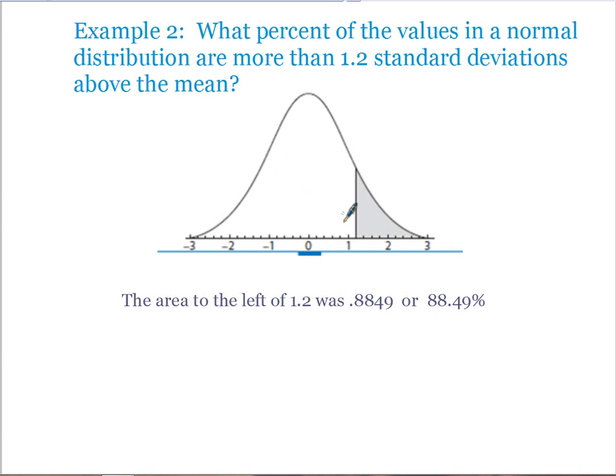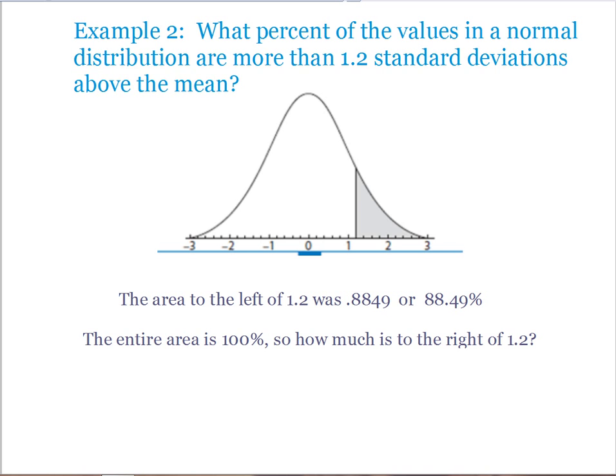So remember, the area to the left was 0.8849, or 88.49%. That's not the portion that it asked us to find, right? It asked us to find everything to the right, including any outliers. Out of all of our data, we have 100%, which represents every piece of data I could ever want.